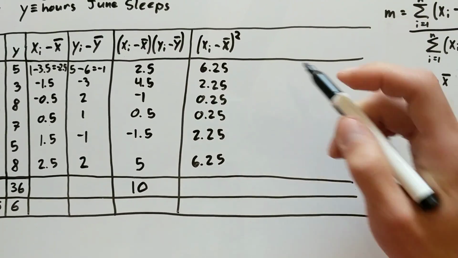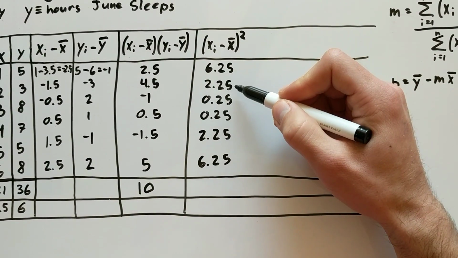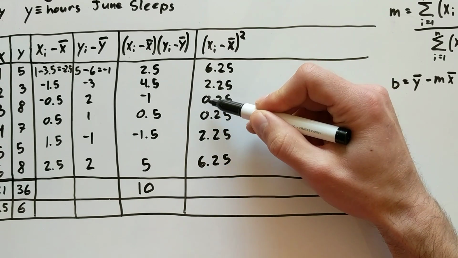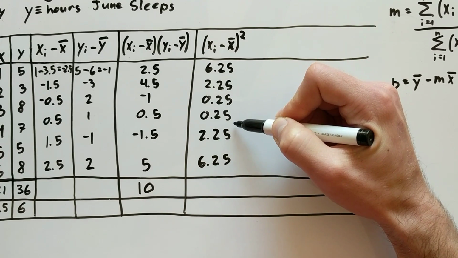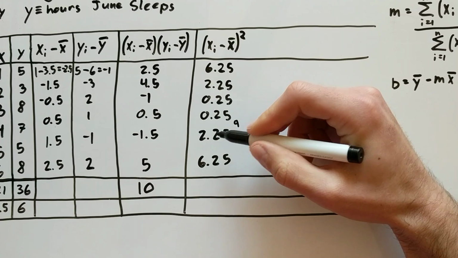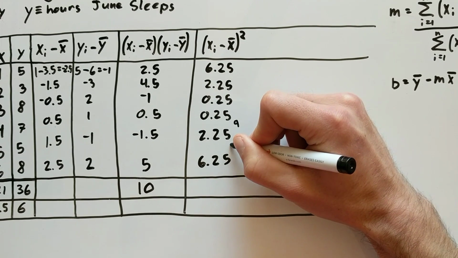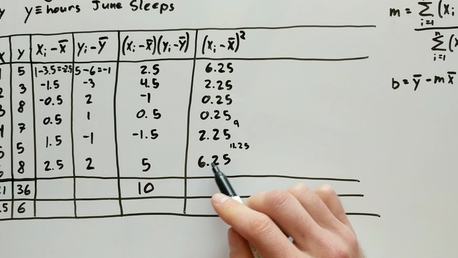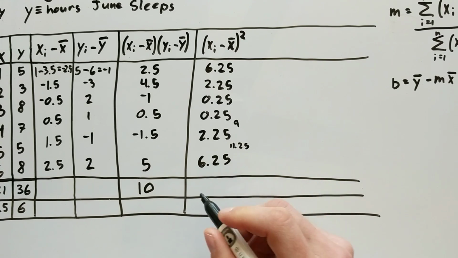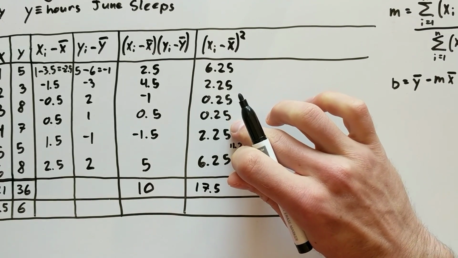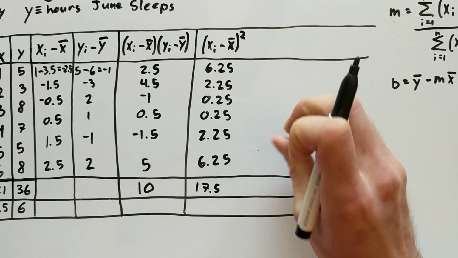Let's try to do this one in our heads too. 6.25 plus 2.25, that's 8.5. Then this is a 0.5, so it's 8.5. After this one, it's going to be 9. So we've got 9 here. And this is going to be 11.25 plus, so it's going to be 17.5. I'll get rid of my intermediate additions there.